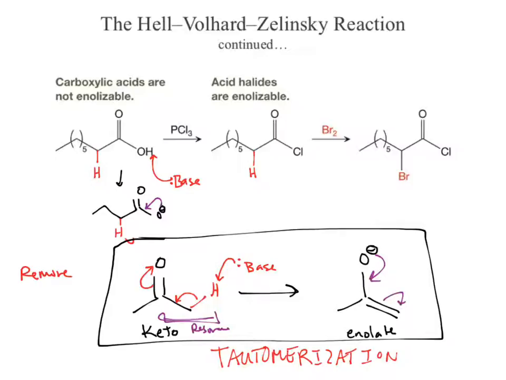Without that resonance, I cannot do the tautomerization. If I start with a carboxylic acid, no tautomerization. I have that negative of my carboxylate. That carboxylate or negative oxygen stabilizes it.